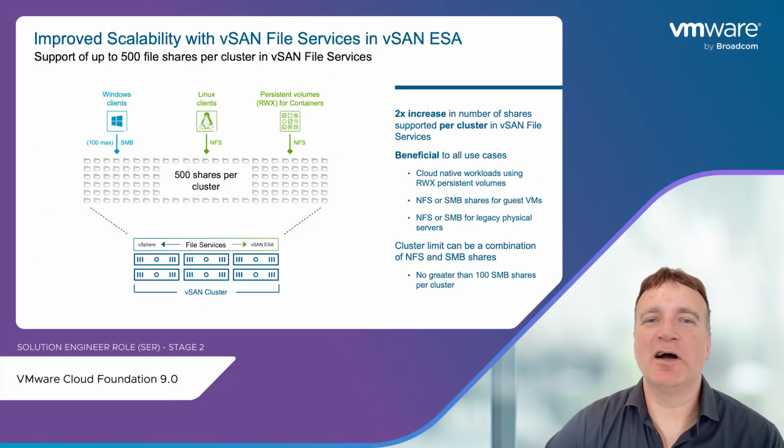vSAN in VCF 9 improves its native file services by increasing the maximum number of shares per cluster. Now, customers can create as many as 500 shares per cluster, which is up by 250 shares per cluster from the previous release, and 100 shares per cluster in prior versions.